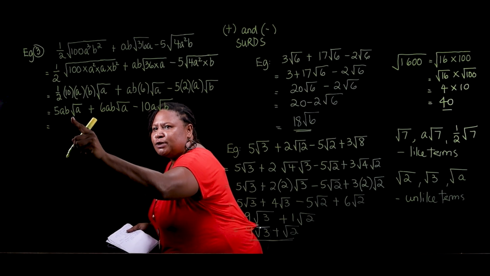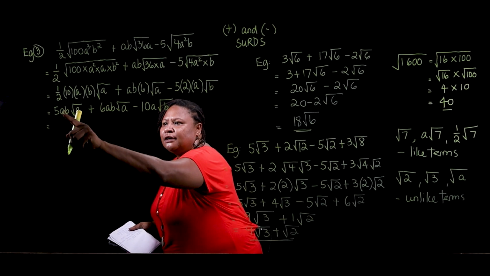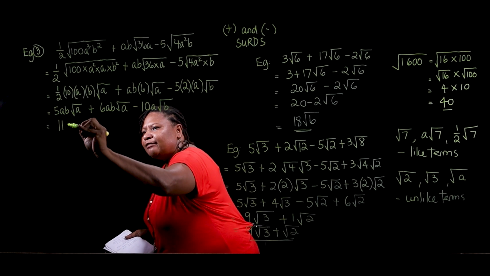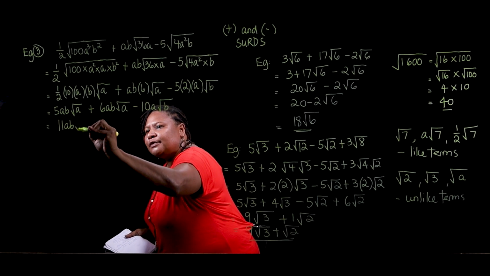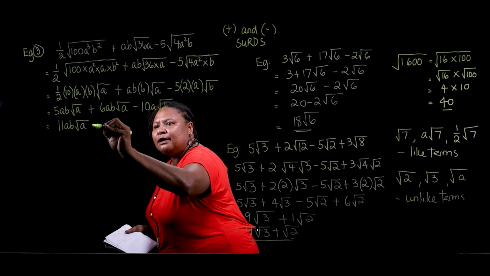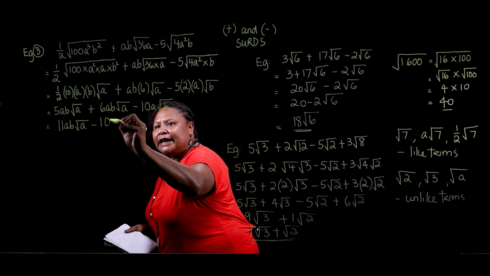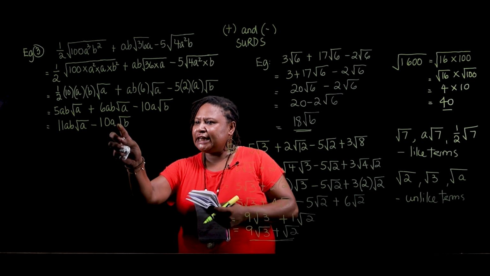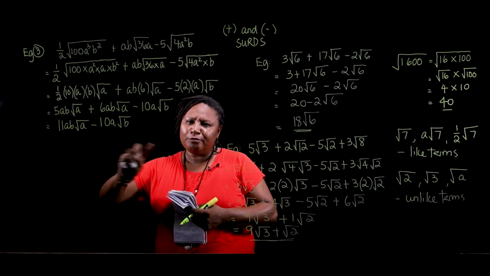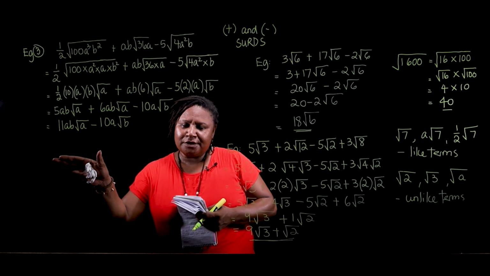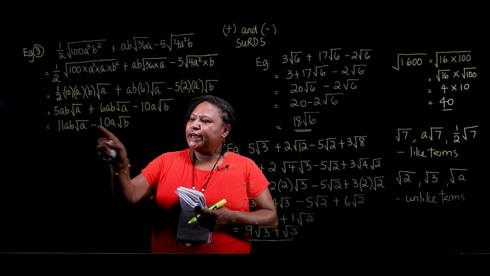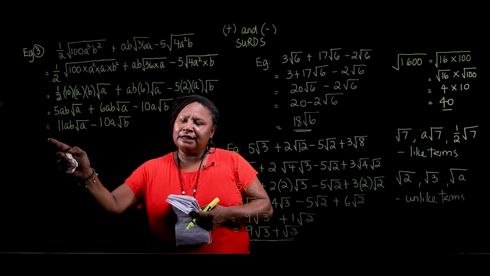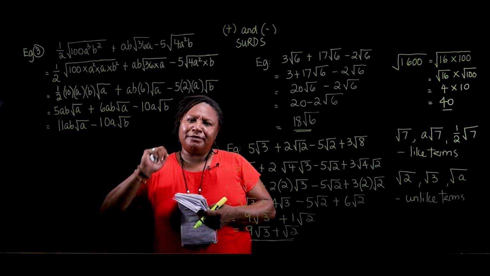So addition will take place only here. 5ab plus 6ab will give us 11ab times root a minus 10a root b. Now you may think that there's a here and a here and that will make it like terms, but that's not true. We have b also attached to a, so that means it is not related to this term here.